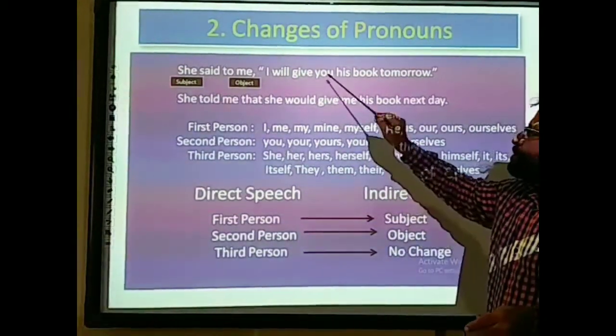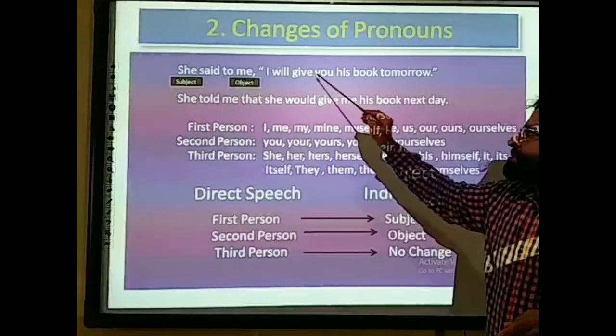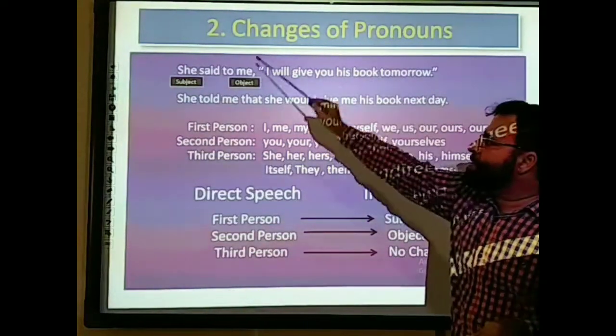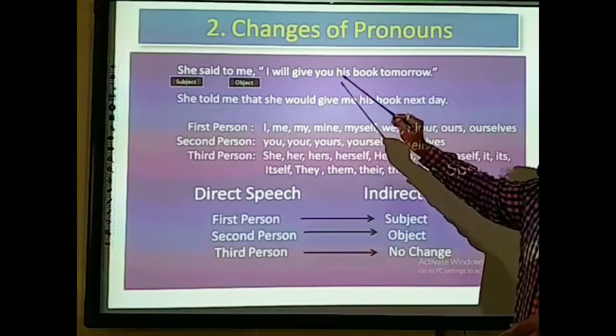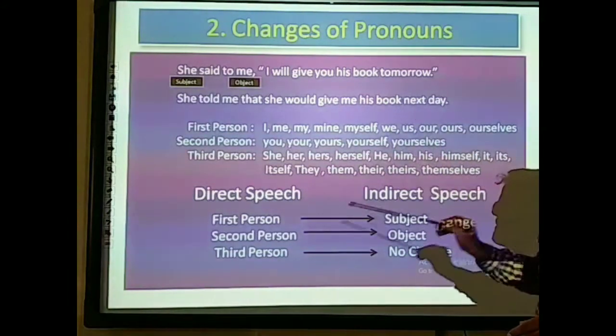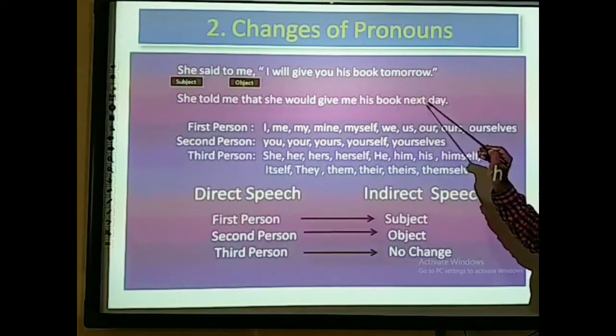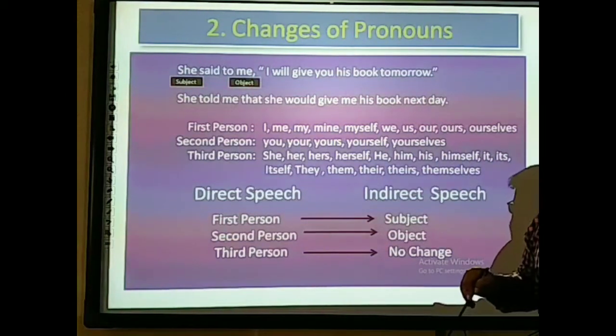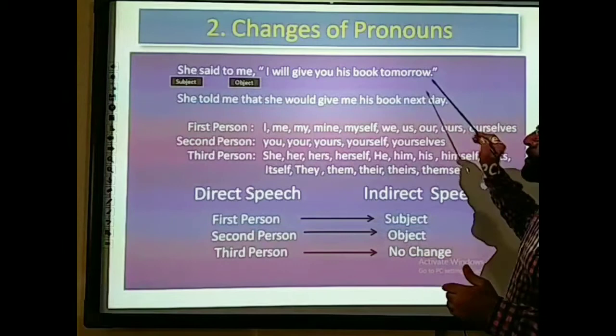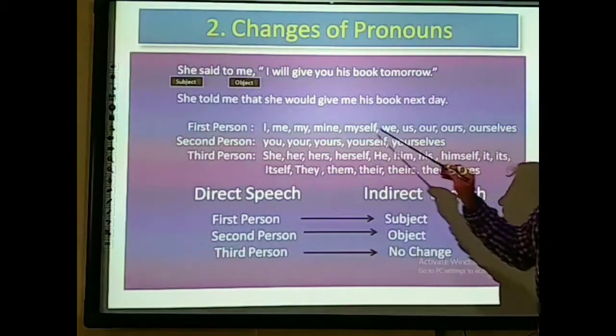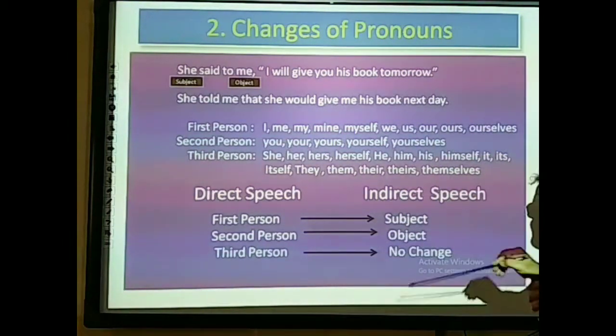"Will" changes into "would." "Give" will remain the same. "You" is the second person, so it is changed according to the object, and this will become "me." "His" is third person, so there is no change. "Book" will remain the same, and "tomorrow" will change into "next day" according to the rule. So these are the changes of pronoun.